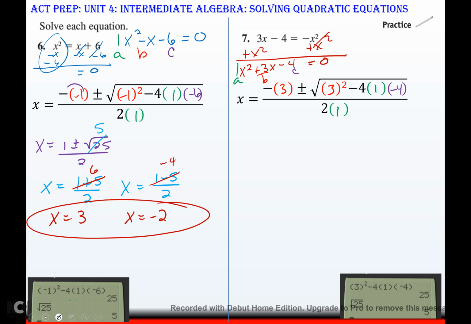Alright, typing in just what's under the radical, I get 25. So my solutions are negative 3 plus or minus the square root of 25 all over 2.